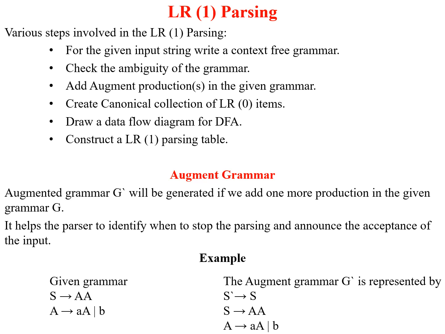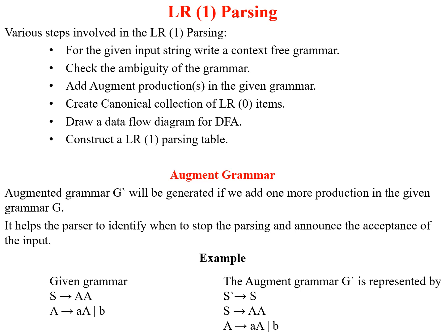For example, in the given grammar, we have two simple productions, S derives AA and A derives terminal a and non-terminal A or b. Here we are adding one more production, S dash derives S. That indicates S is now not the complete start symbol.